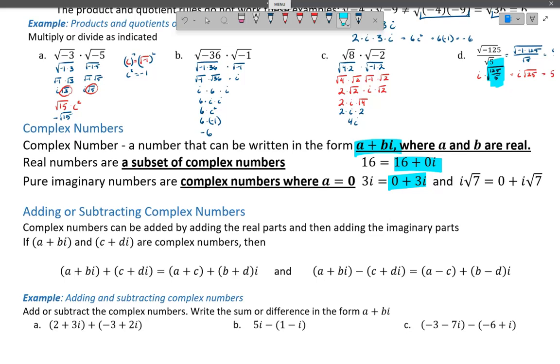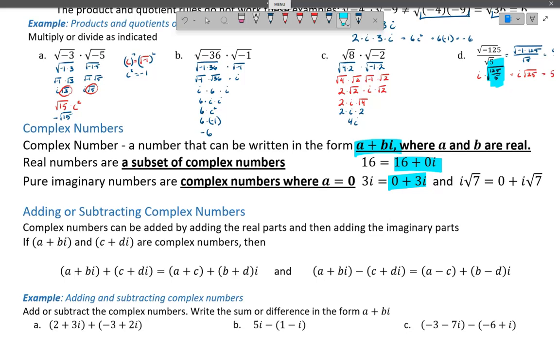When we perform our arithmetic, addition and subtraction is almost identical to the real numbers. It's almost identical to adding and subtracting radical expressions, or adding and subtracting polynomials. It's combining like terms.